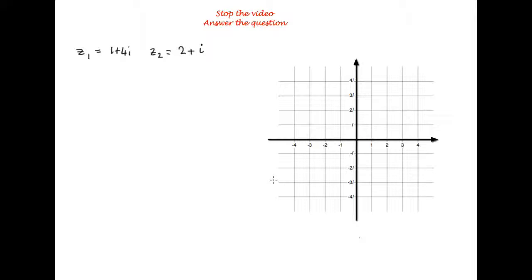So you see where z1 plus z2 is on this diagram and what the geometry associated with that is. So stop the video and explore the sum of these two vectors. Okay, so let's have a look at that.